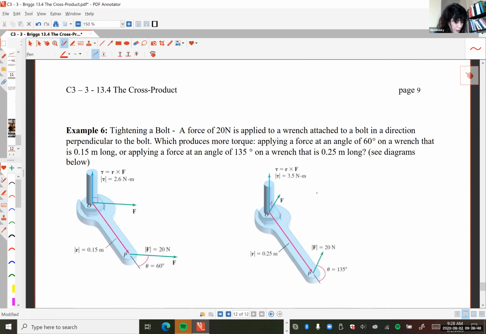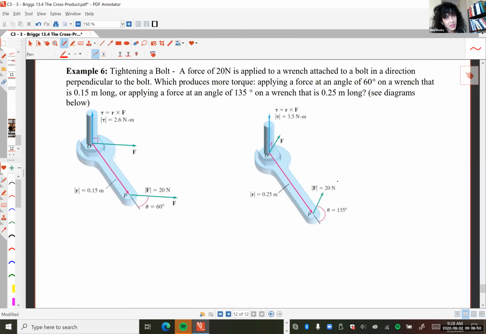So let's just do a quickie problem that's going to be on the quiz. So let's say you've got two tightening a bolt situations, okay? Here's one where you have a 20 Newton force applied to a wrench at a 60-degree angle with the wrench, okay? And the wrench is 0.15 meters long.